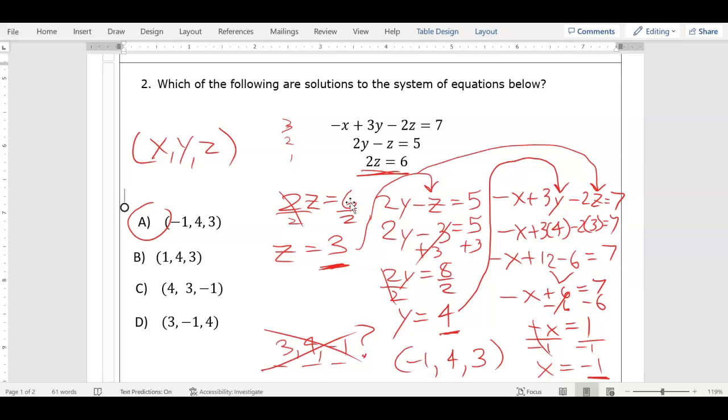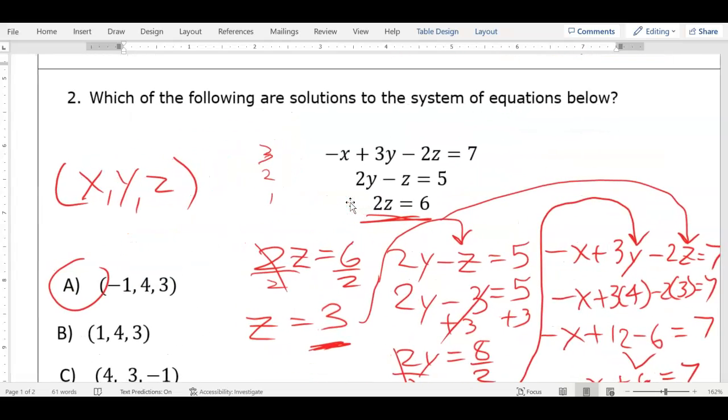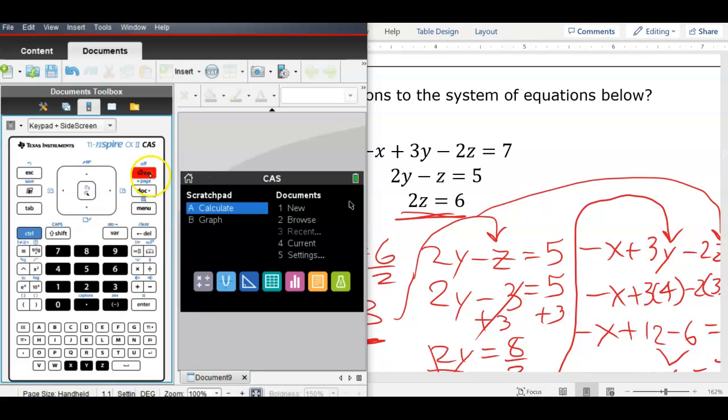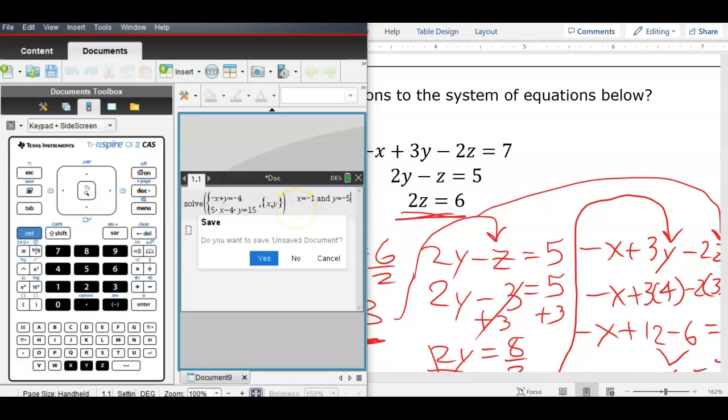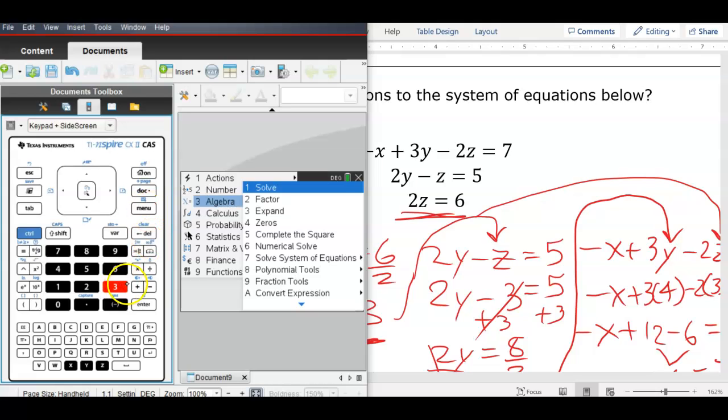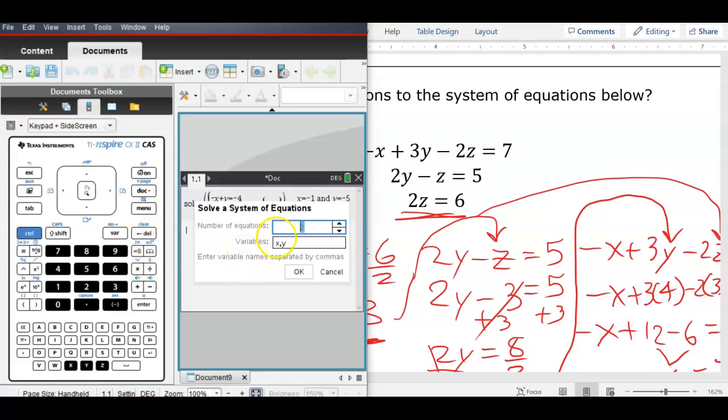Now again, I can take this information and go to the calculator with it. I can do menu 3, 2. And then make sure you click this right here, number of equations up to 3.